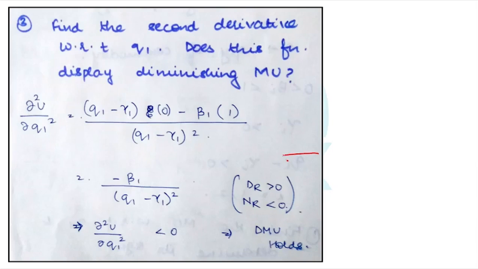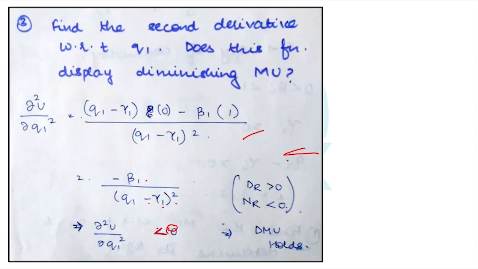So that's precisely what you have here. And this means that you basically have minus beta 1 upon Q1 minus gamma 1 squared. Now again, beta 1 is greater than 0, Q1 minus gamma 1 is greater than 0. Anyway, it's a square term, so it has to be greater than 0. So the numerator is less than 0, the denominator is greater than 0, which means the fraction is less than 0.